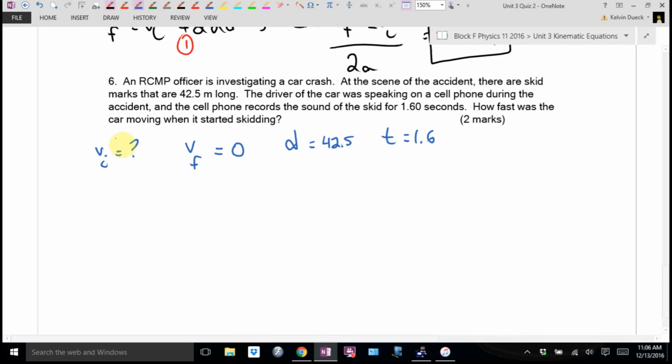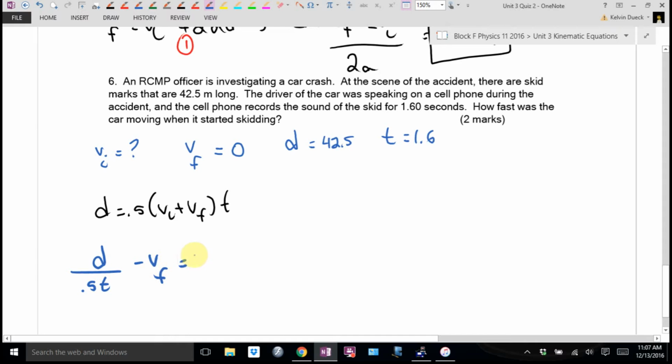I think I'm going to, Daniel, use this one. I want to get the VI by itself. Well, the D is going to drop down. The 0.5 and the T will divide. And then I think I'll minus the VF. That equals VI.